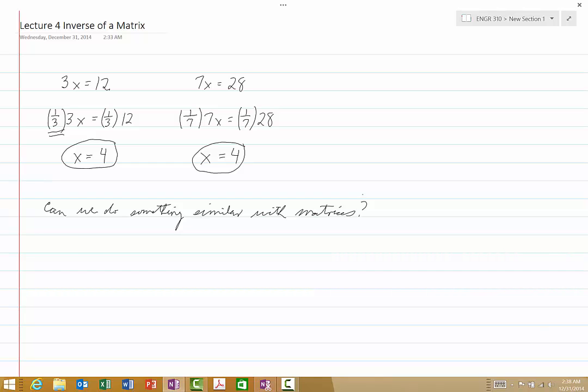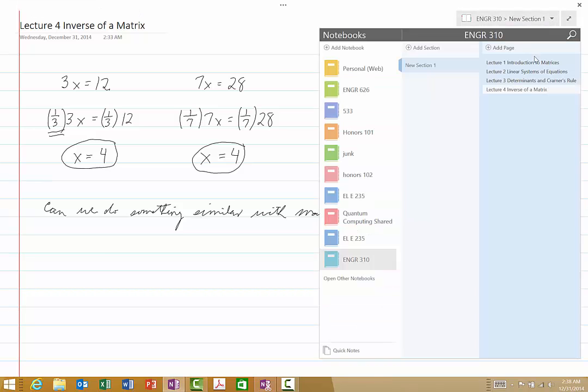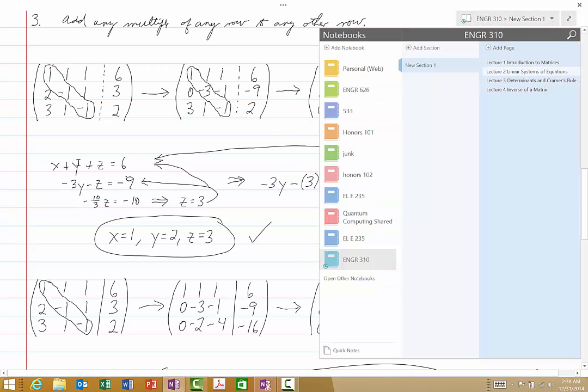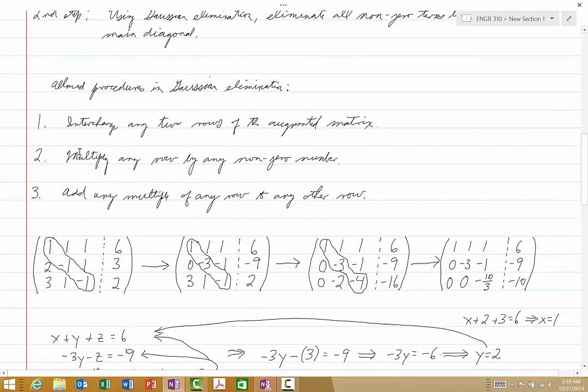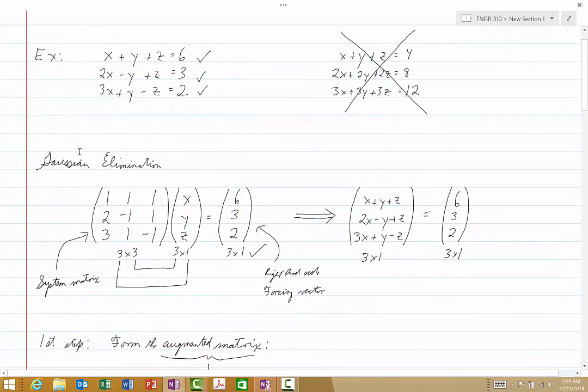And let's be more specific now. Let me explain exactly what I mean. Let's go back for a moment to Lecture 2. And in Lecture 2, we had this system of equations here.